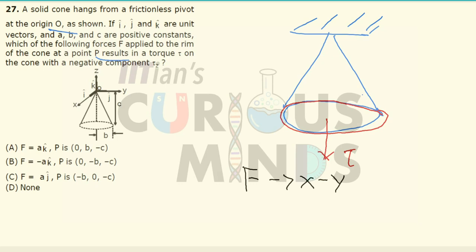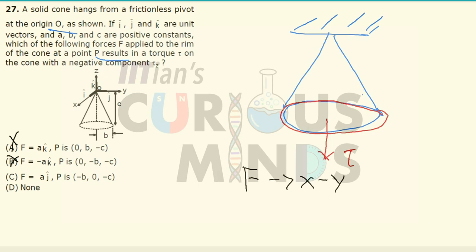Either in the x direction, or in the y direction, or a combination of that, but never solely in the z component. So options A and B are anyway eliminated, because over here the forces are applied in the z direction. Maybe it is positive z or maybe it is negative z, it does not matter. Since it is applied along the z axis, there will be no torque obtained in the z axis.